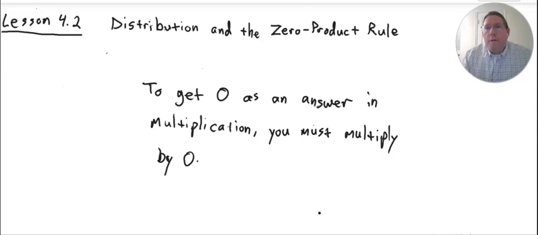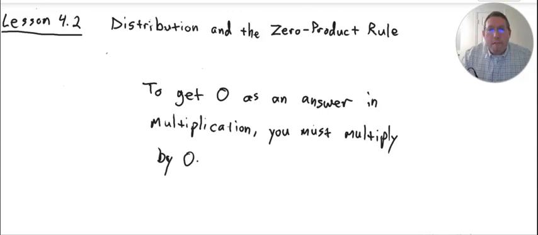There is no other number in the entire world of, now we're talking the real number system, which is generally what we deal with in middle and high school math. Well, when we get to college, we learn new kinds of number systems where this rule may not apply.